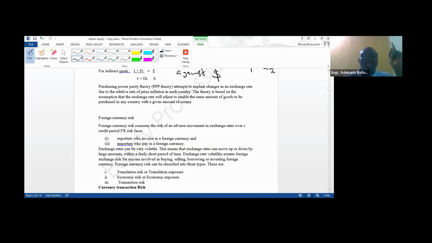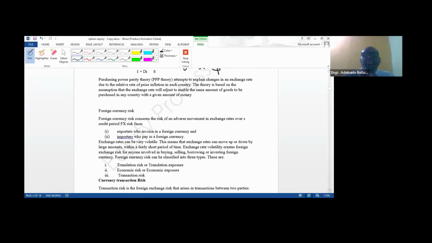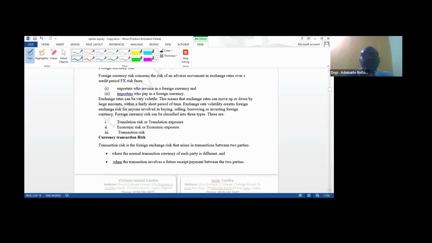Two, economic risk or economic exposure. And number three, transaction risk. We start with the first one. Transaction risk first.